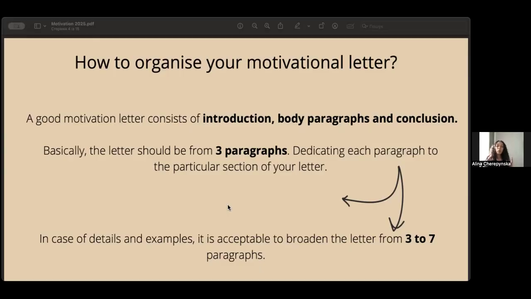But in essay writing, we mentioned that body paragraphs are the most important because there will be examples, facts, arguments, and so on and so forth. In a motivational letter, telling you honestly, each part is important and each part should be well structured and well developed. Anyway, let's get started with the introduction.